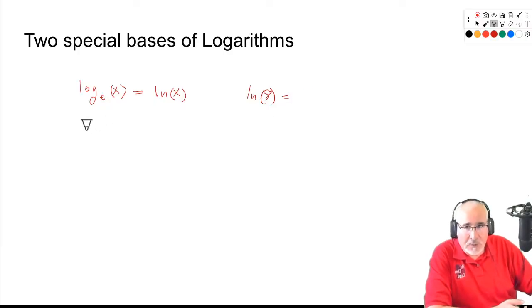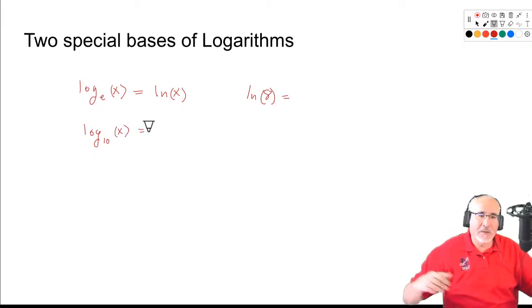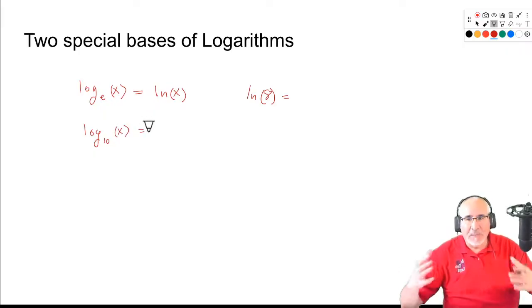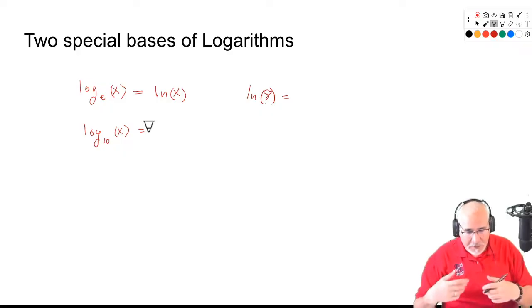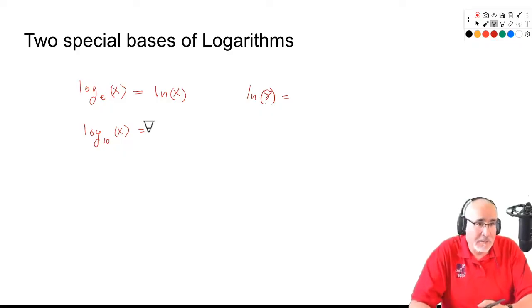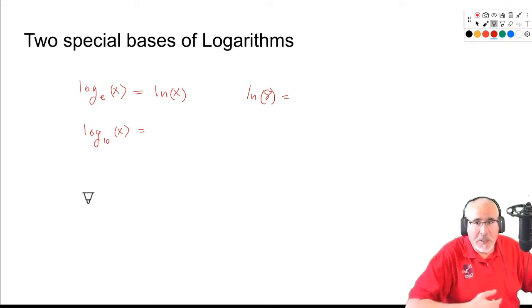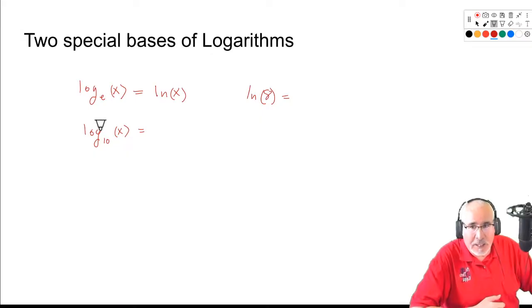The other special base of a logarithm is log base 10 of something. And the reason this is so special is because in our number system, we're doing things by powers of 10, right? 10, 100, 1000. And so there are many scales like the Richter scale for earthquakes.